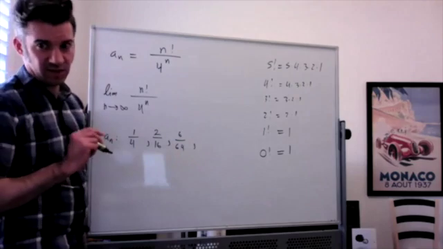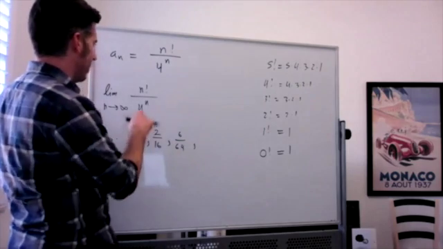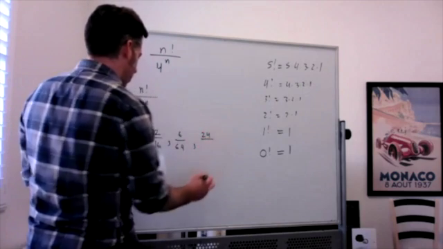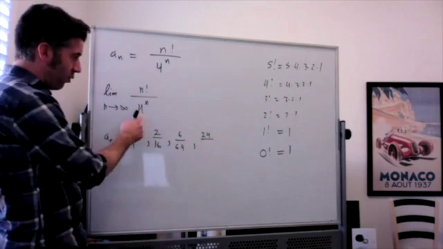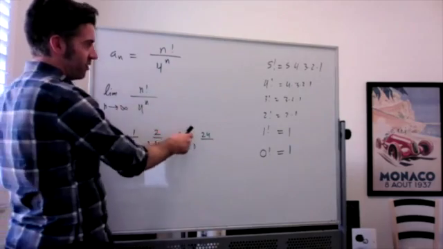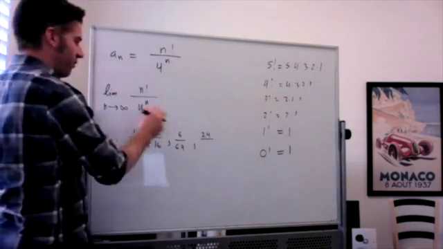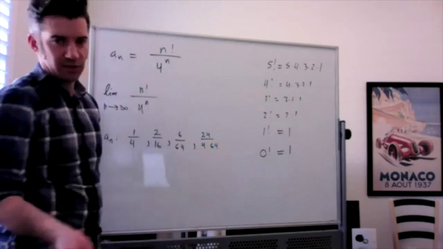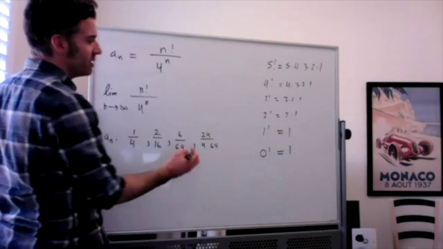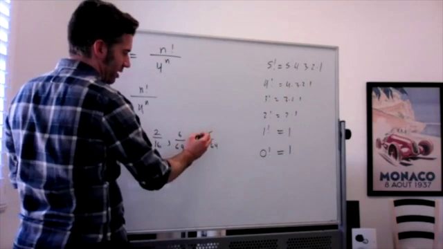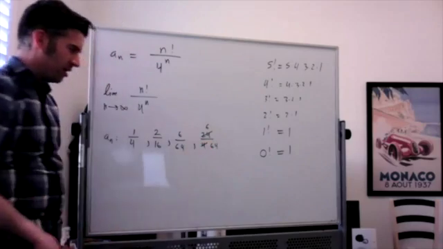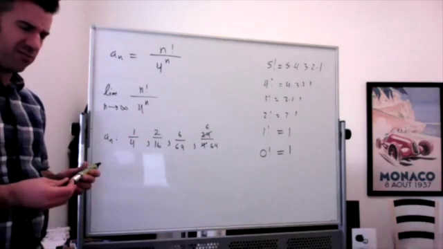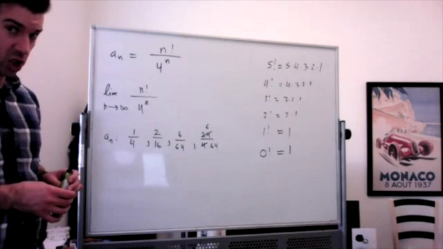And then the next one is actually where we start to know something. If you have 4 factorial over 4 to the 4th, that's going to be 24 over, 4 to the 4th is 4 times 64, which is 256. I didn't want to write that, because what I want you to see here is that if I cancel a 4 here and the 4 here, it's actually the same as the previous term, which makes me think maybe things aren't always getting smaller.